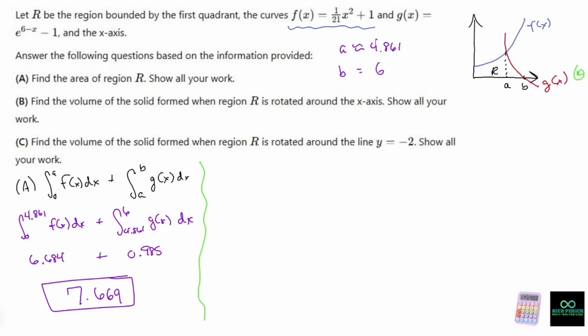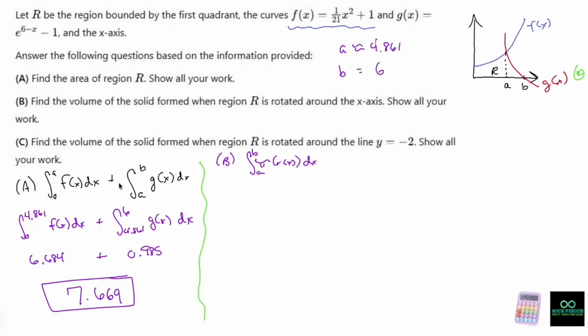Generally speaking, when you want to rotate a line around the x-axis to make a solid, the general formula is, and this is any line, so I'm not going to use f and g, I'll use R, pi times R of x squared dx, and you're going to use your limits.